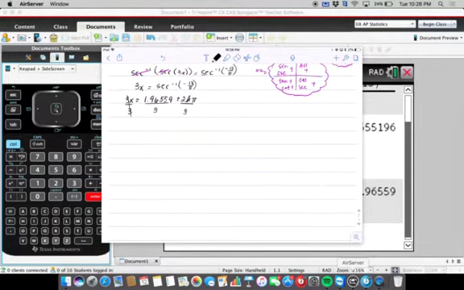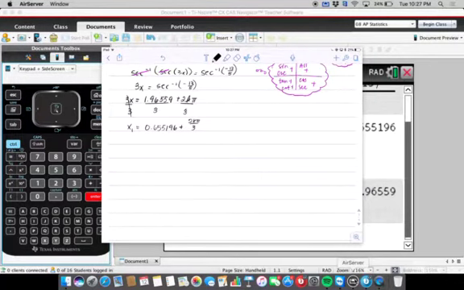These 3's cancel out, so x1, the first value that we found, is equal to 0.655196 plus 2k pi over 3. This is how we find the general solution for the first one.